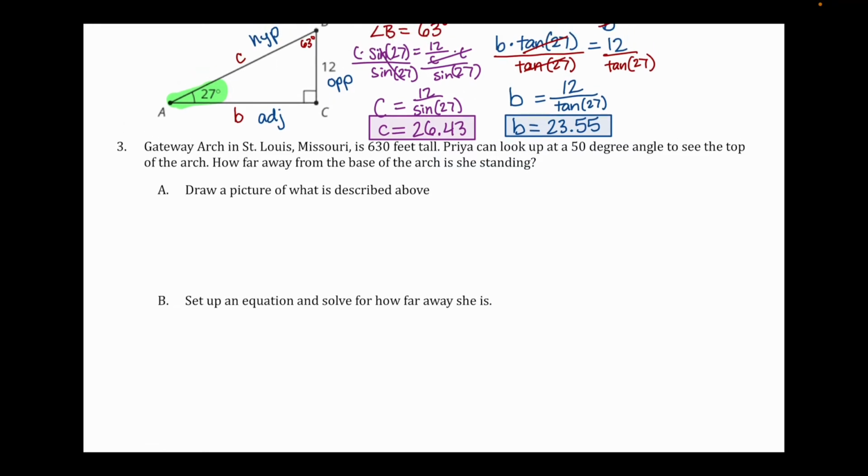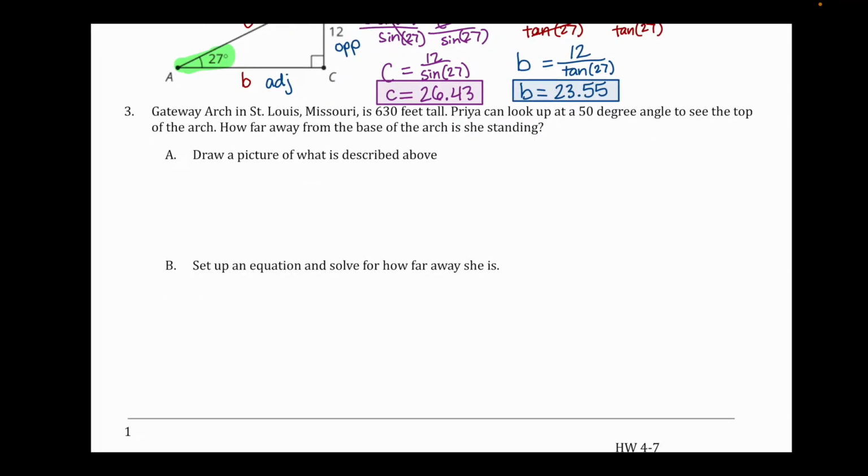So I'm going to draw the triangle here. We know that the height of this item is going to be 630. And we know that the angle it should make is going to be about 50 degrees. Now this would be 45 thereabouts. So we're going to scoot it in a little bit more to make the angle larger.